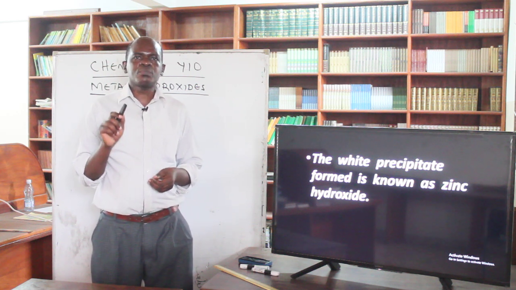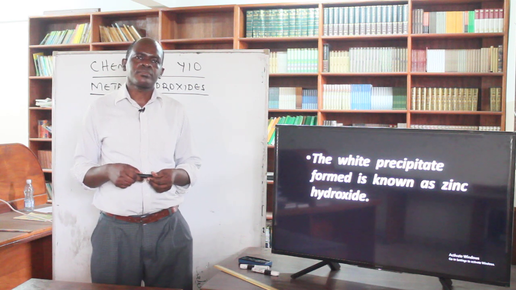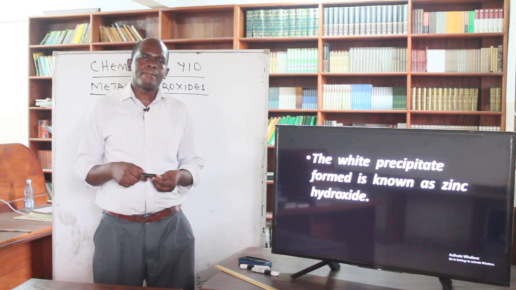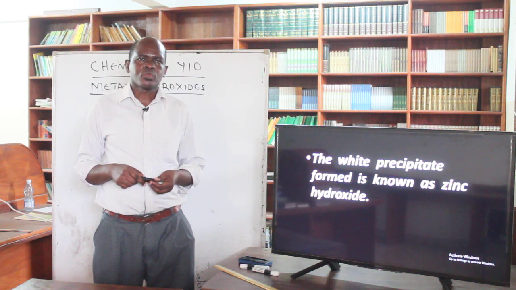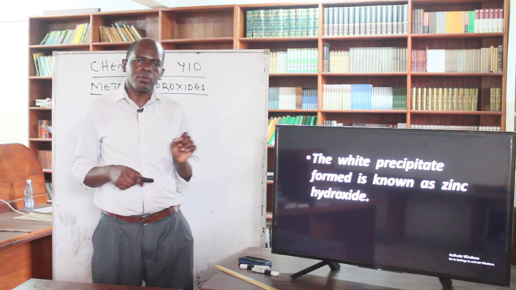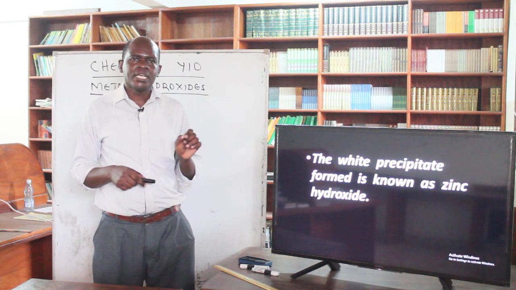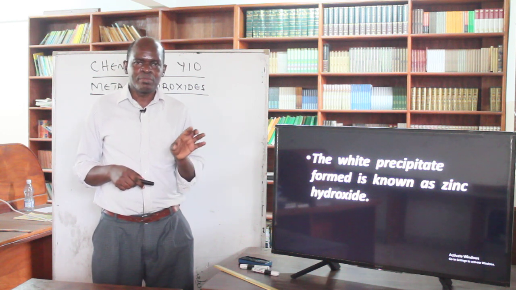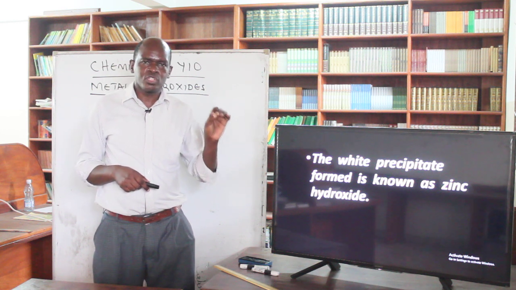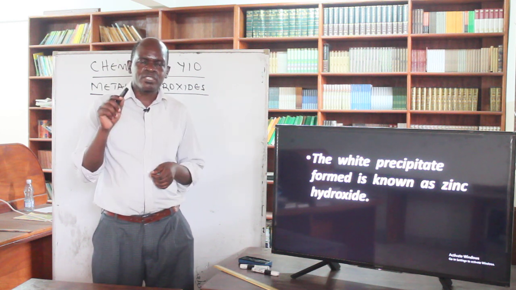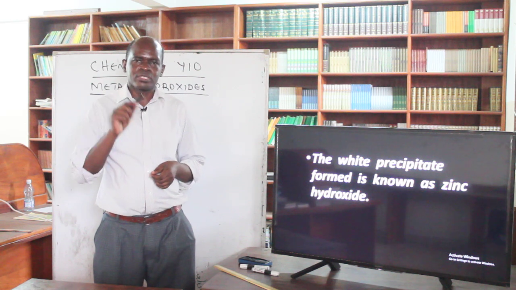Now remember that in this particular reaction, in the definition of the word precipitate, we say it is a solid formed when two solutions are brought together. So in this case, we have a solution of sodium hydroxide and a solution of zinc ions.